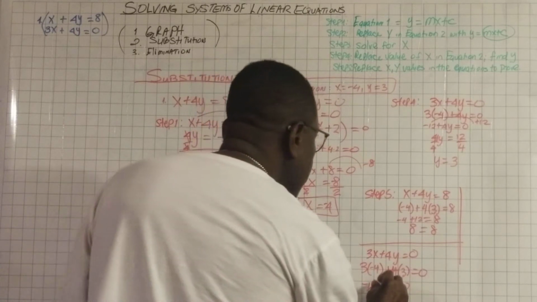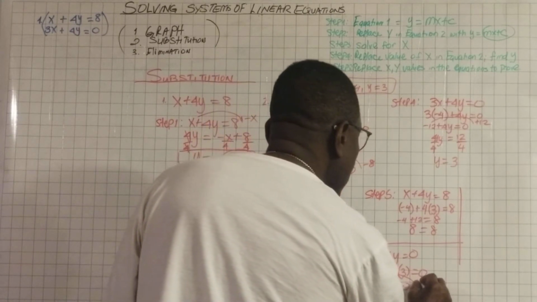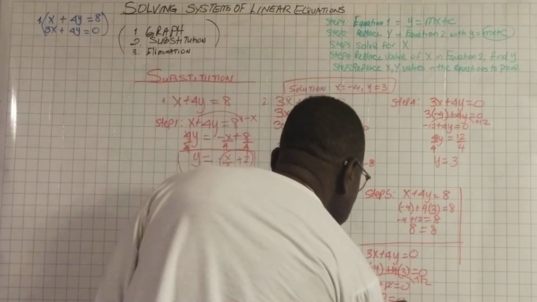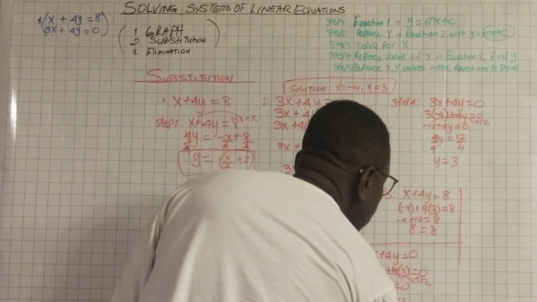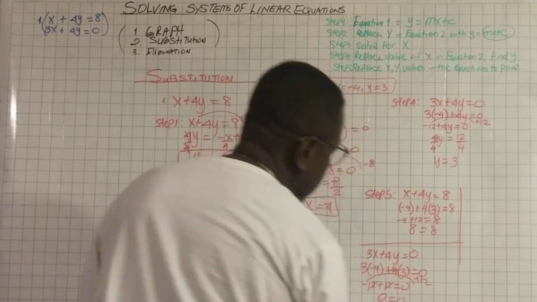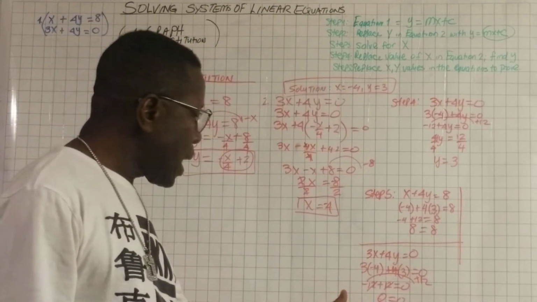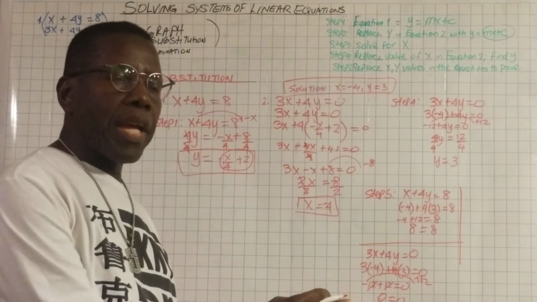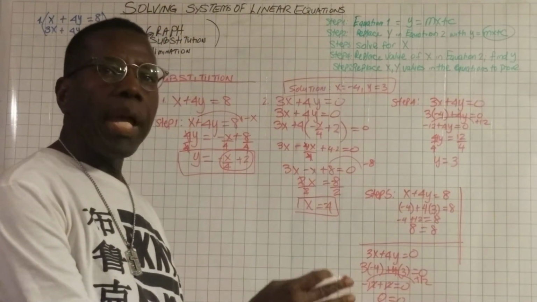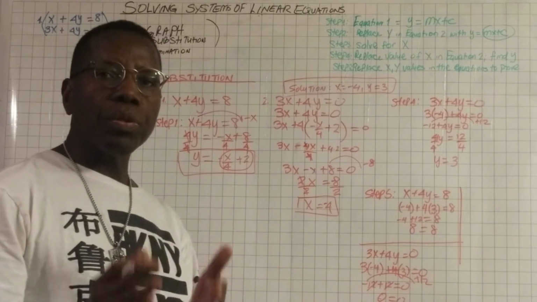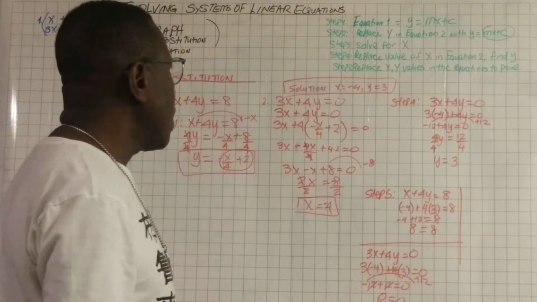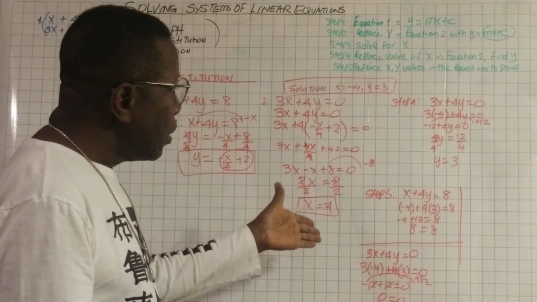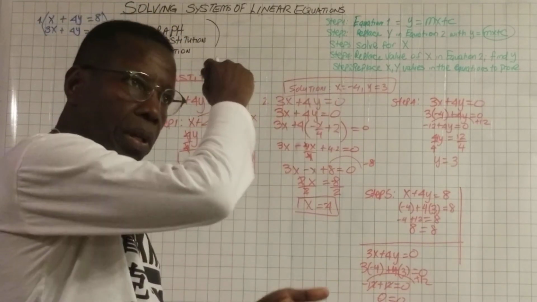Or you could take this over to this side and make it plus 12, and then you're going to have 12 is equal to 12. Again, this side of the equation is equal to that side of the equation. So x equal to minus 4 and y equal to 3 is the solution to this system of equations. And we used substitution to find the solution instead of a line graph.